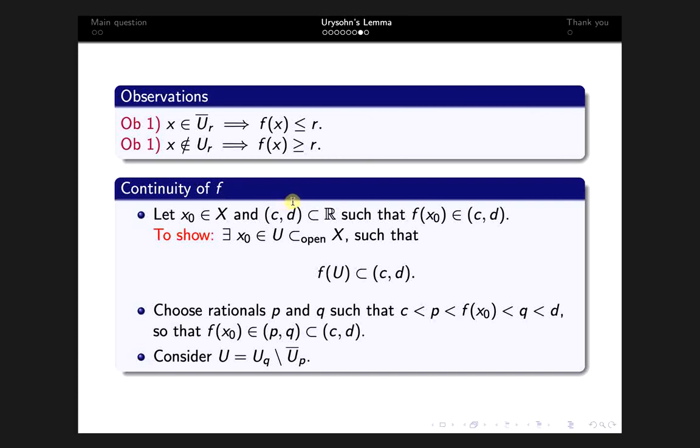Now consider C comma D, an open interval in R containing the point f of x naught.